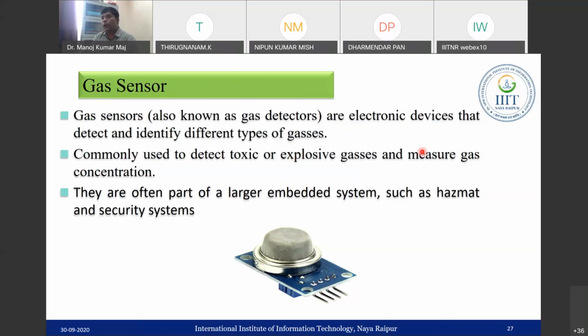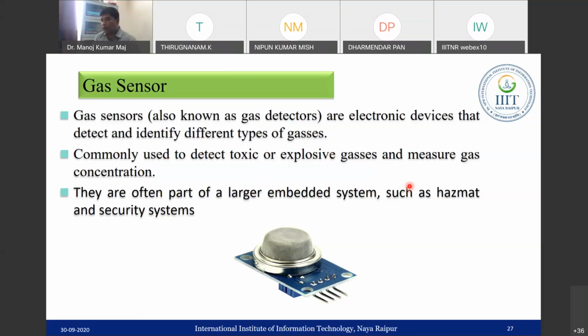Mainly, gas sensors are defined as electronic devices that can detect and identify different types of gases. It can detect what different kinds of gases are present in the air. It can also detect different kinds of toxic gases or explosive gases in the air.